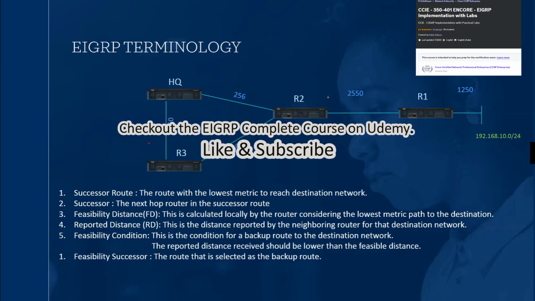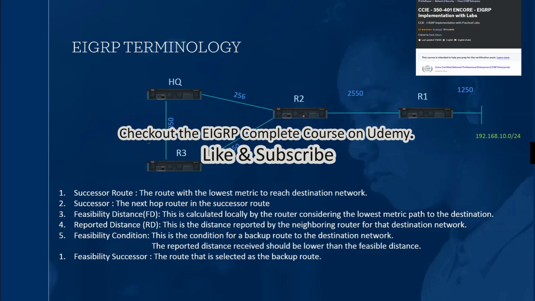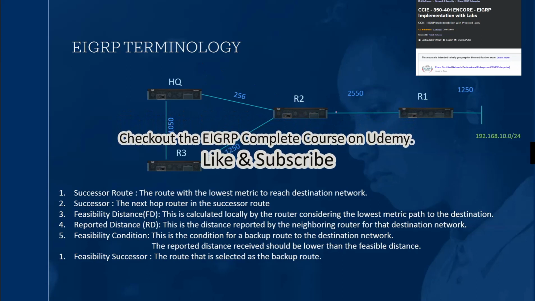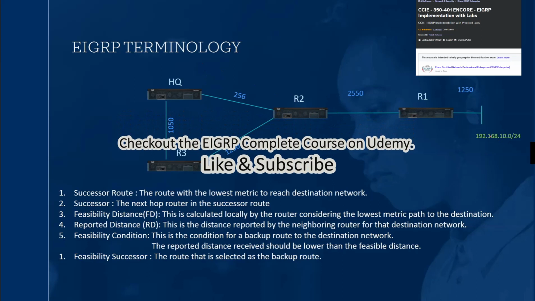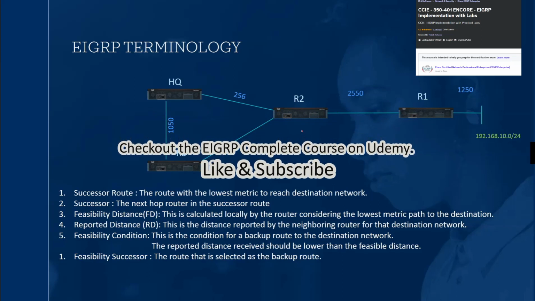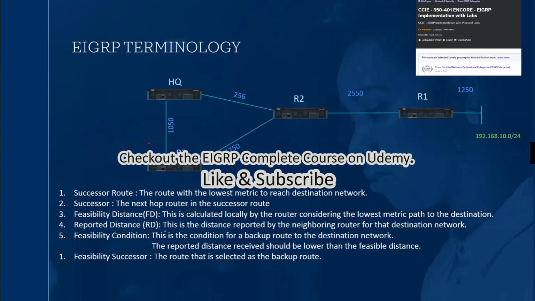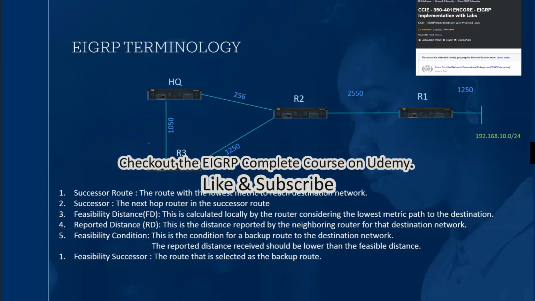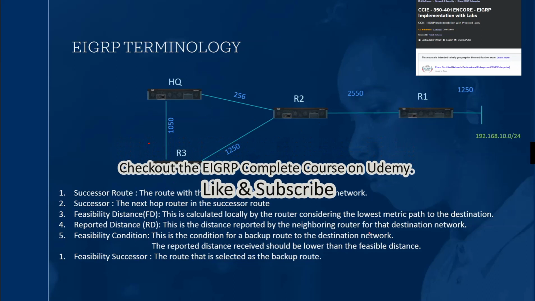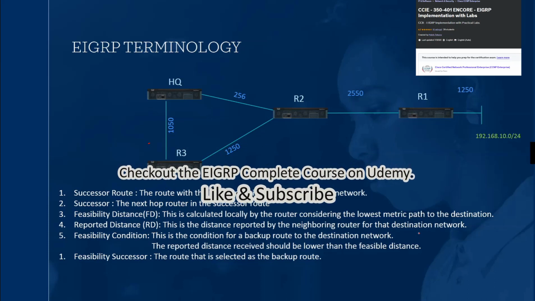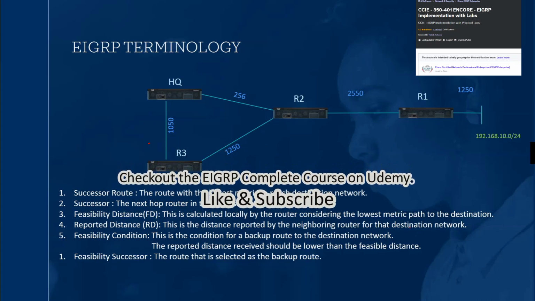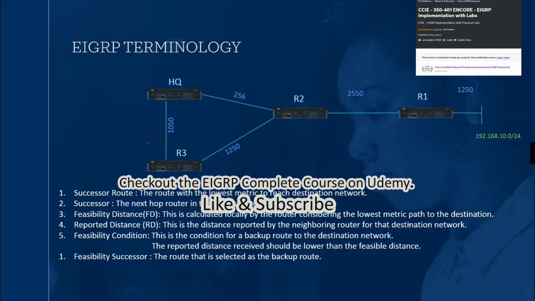So basically each router will calculate its feasibility distance to the destination network, and this is something I will show you. Very simple, not to worry. Reported distance is the distance reported by the neighboring router for that destination.